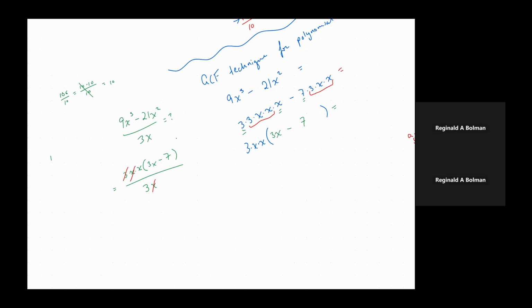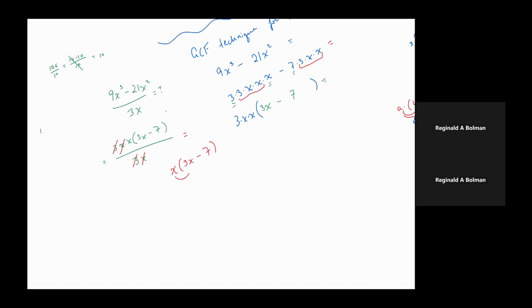So this is going to give you x times the quantity 3x minus 7. And of course, by the distribution law, you can multiply across, and you'll get 3 times x minus 7 times x. Or said another way, you'll get 3x squared minus 7x. And that is your best answer.